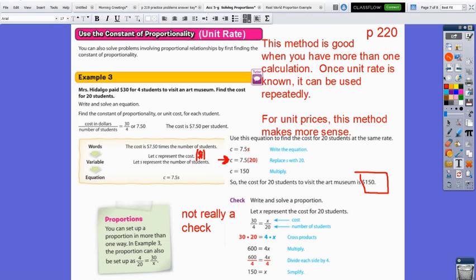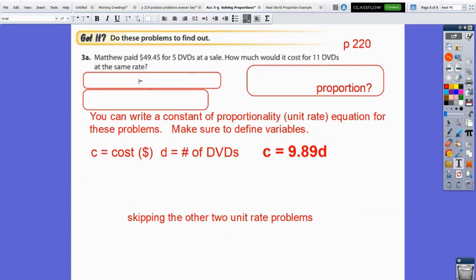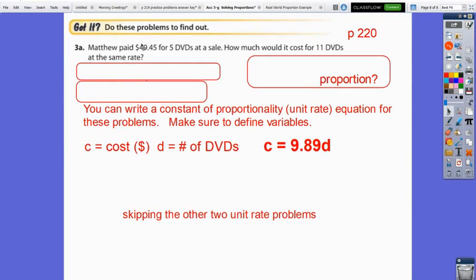All right, so let's take a look at an example here. Matthew paid $49.45 for 5 DVDs. How much would it cost for 11 DVDs at the same rate? I would again calculate the unit rate or constant of proportionality for this problem. That's dollars per DVD. $49.45 divided by 5 comes out to $9.89 per DVD.